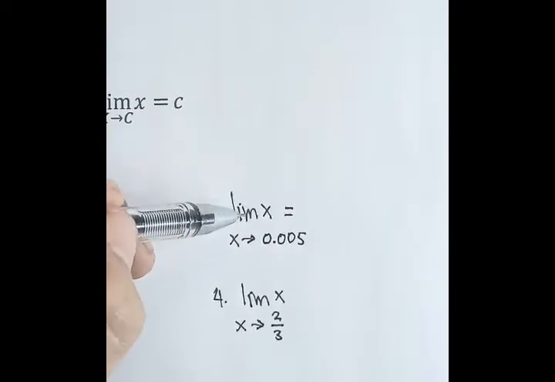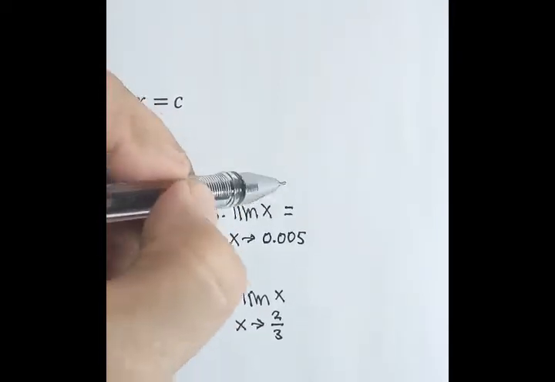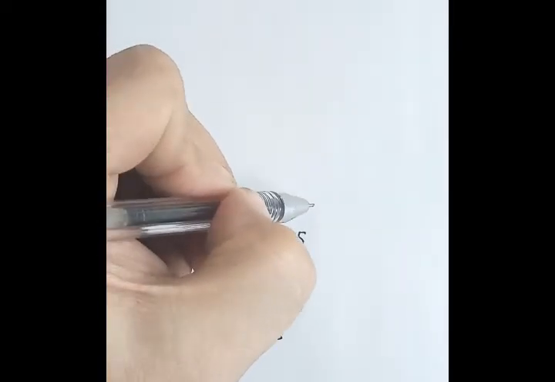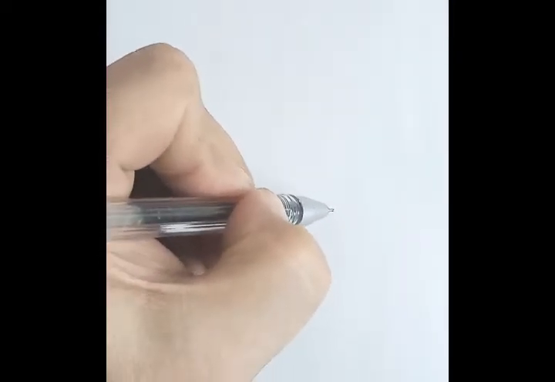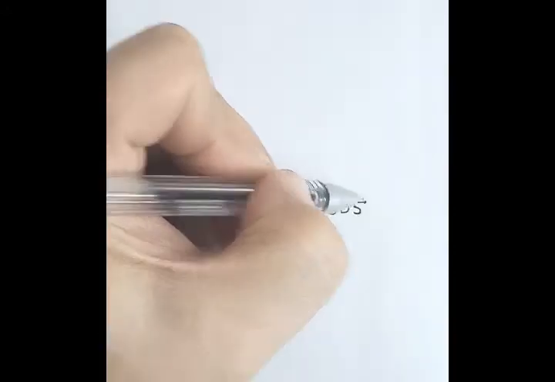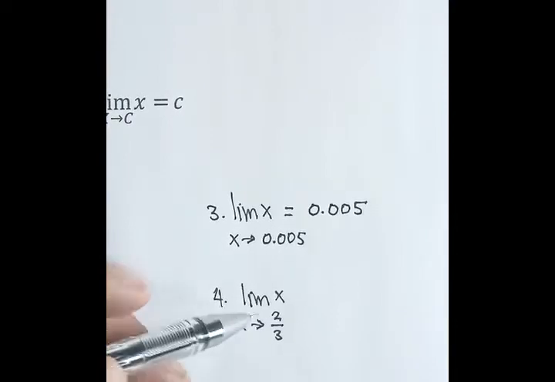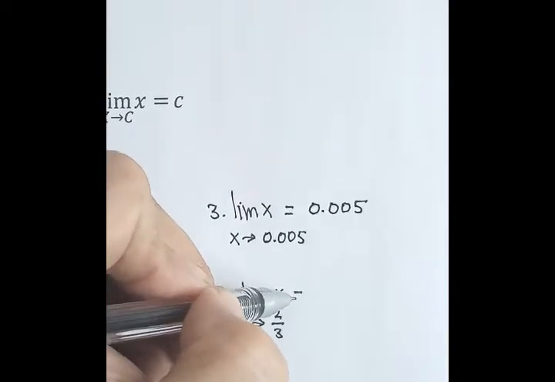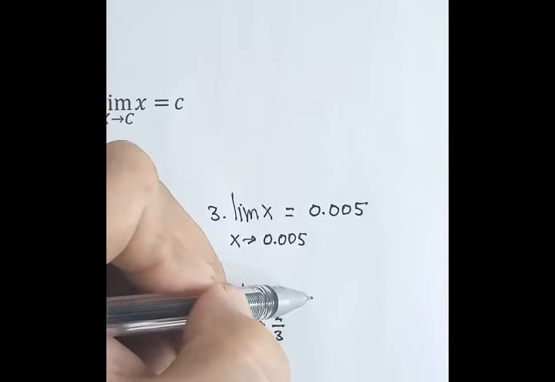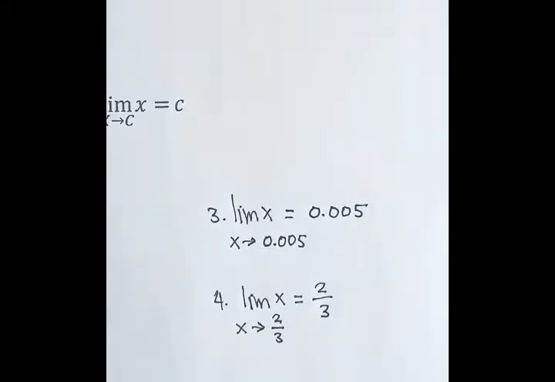Then the limit of x as x approaches 0.005 is simply 0.005. Then the limit of x as x approaches 2/3 is equal to 2/3.